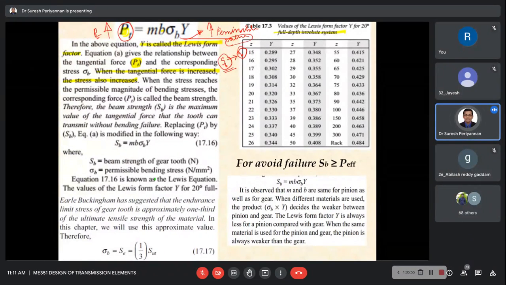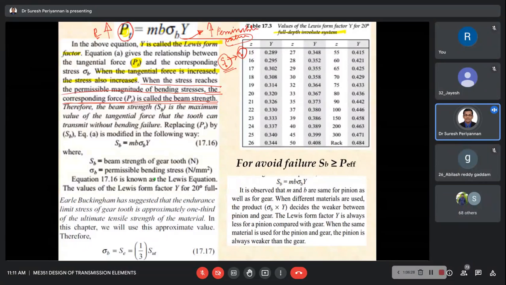When PT is increased, the bending stress also increases. When we increase PT up to the permissible value of sigma B, that PT is called beam strength, SB. When the stress reaches the permissible magnitude of bending stress, the corresponding force PT is called beam strength.